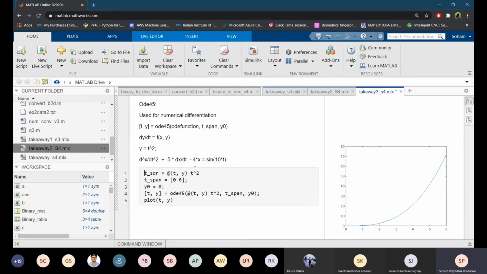So now we will move on to the complicated differential equation. But for that you need to know how to convert a higher order differential equation to first order differential equations. If there is one second order ODE, then you will get two first order ODEs. Is anybody familiar with conversion of higher order ODEs to first order ODEs?